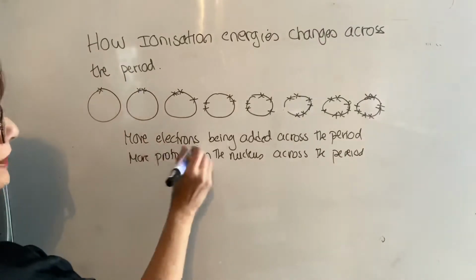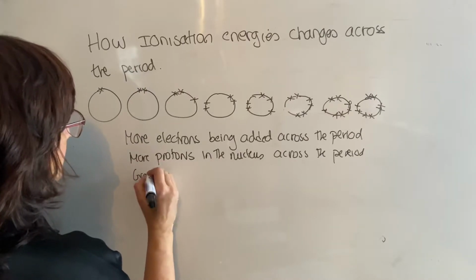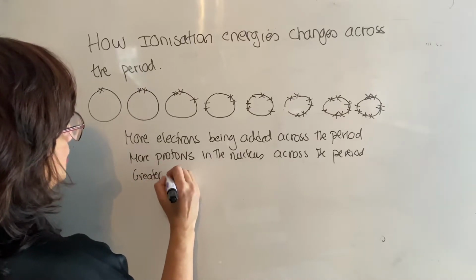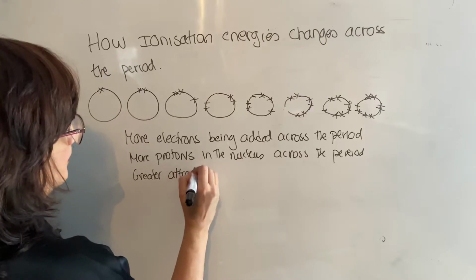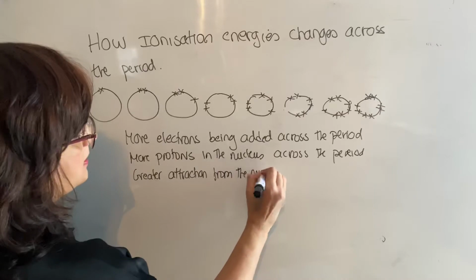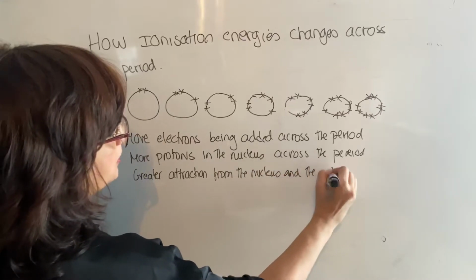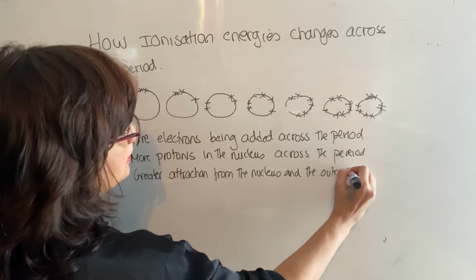So if you got more electrons and you got more protons, you're going to have a greater attraction from the nucleus and the outer shell electrons.